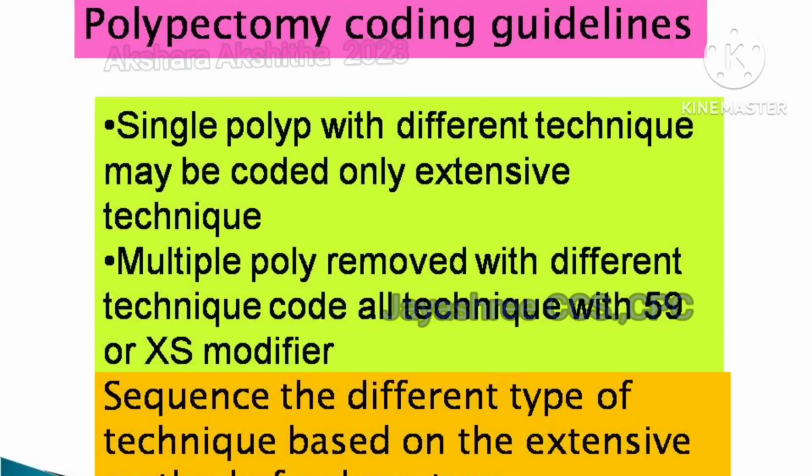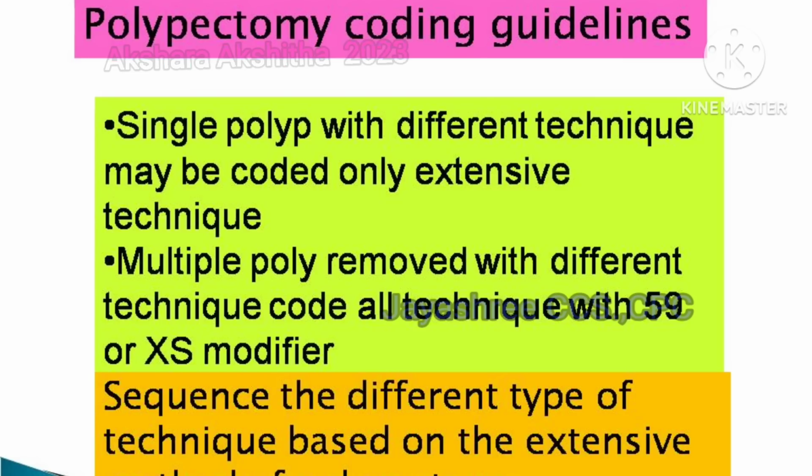For each CPT there is a dollar value, and based on that amount we can identify the more extensive procedure. For exam purposes you can remember what I am telling. So snare technique is the more extensive procedure, and hot technique is the less extensive procedure. For a single polyp, if the doctor performs more than one technique, we only code the more extensive technique, that is snare technique 45385.